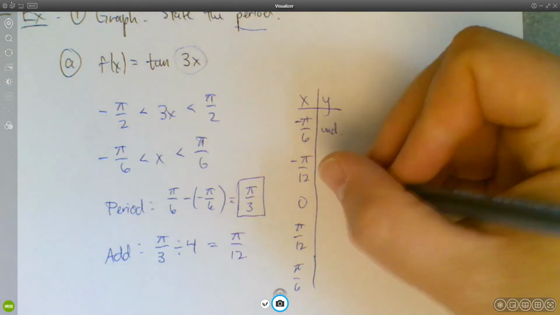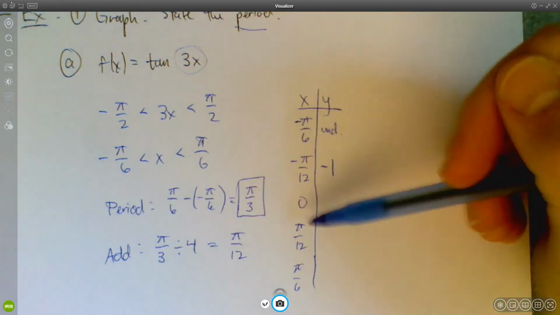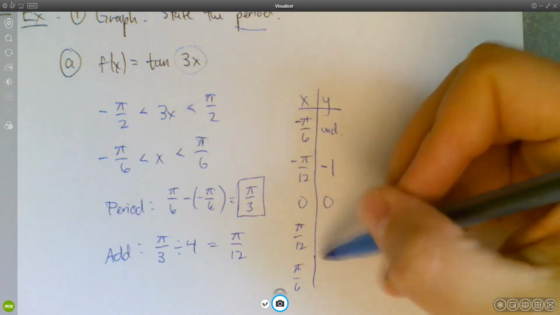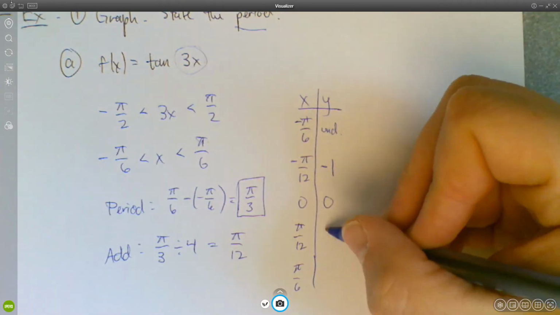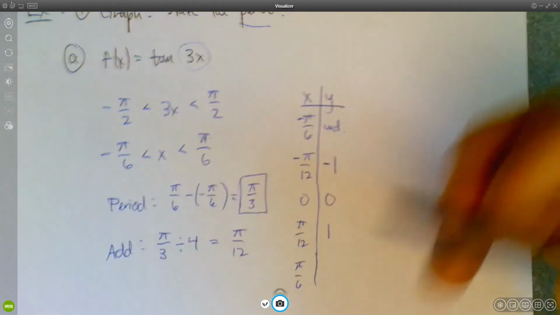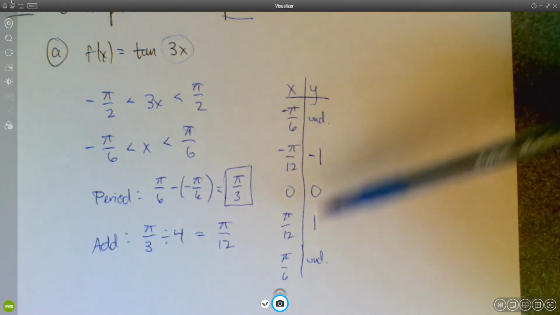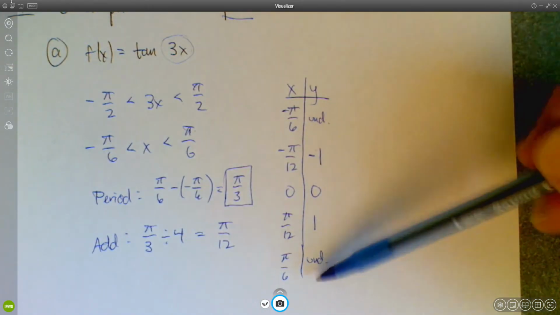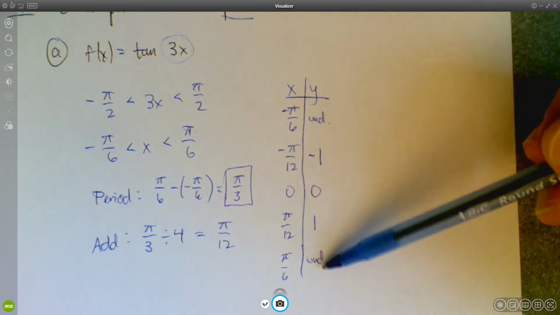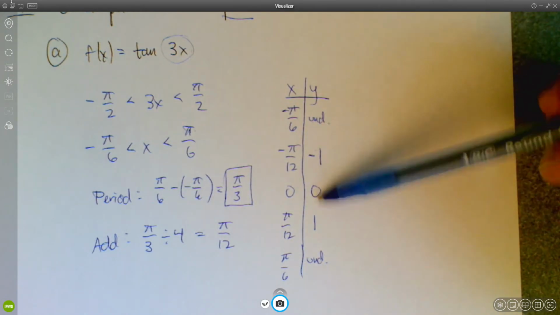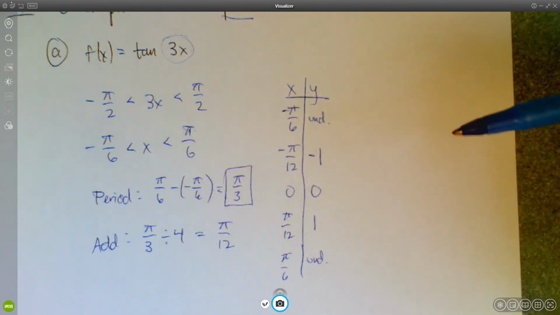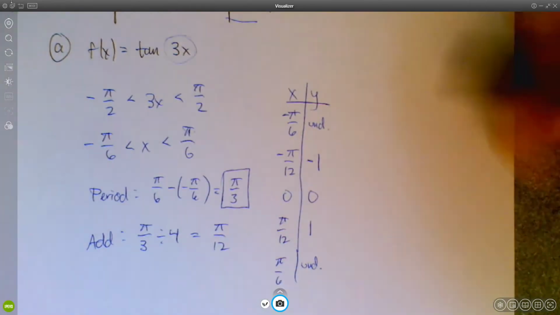Tangent of negative pi over 4 is negative 1. If we plug in 0, we're going to get 0. If we plug in pi over 12, we're going to get positive 1. And if we plug in pi over 6, we're going to get undefined. This is the standard kind of pattern for tangent, right? You have asymptotes on the endpoints, and then negative 1, 0, and 1 in the middle. Let's graph this thing now.